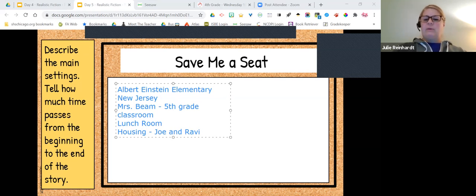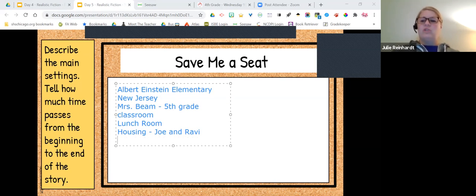And last but not least, just when we left the story off in chapter 13, they were going to see Miss Frost, the resource room. So these are all possible settings, locations of our story. But there's something else we need to consider, how much time passes.